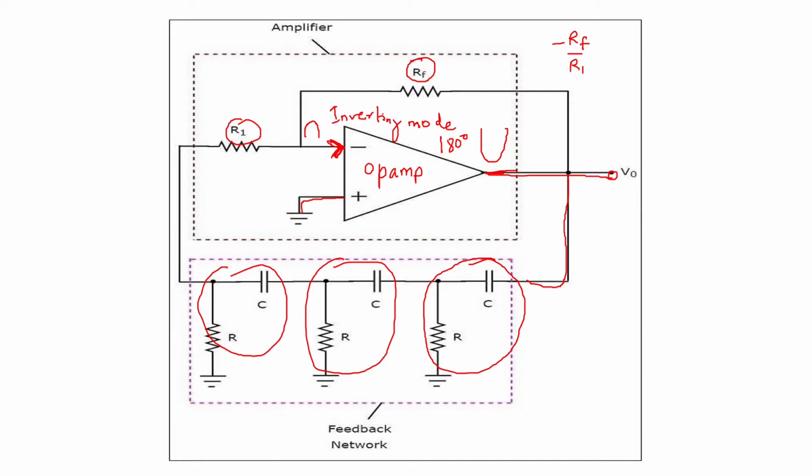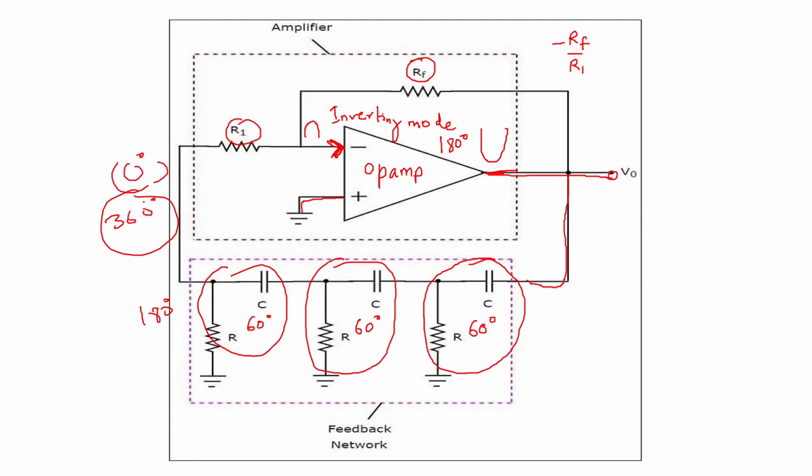So in the feedback network here where we are using R and C, we have to produce another 180 degrees so that the complete closed loop of feedback and the op-amp phase shift will be 360 degree. So here we are having 3 RC networks, and each of these RC networks will produce a 60-degree phase shift. So this 60 plus 60 plus 60 will be 180 degree, and that 180 degree with the op-amp's 180 degree will make it 360 degree total phase shift of the loop. That is nothing but 0 degree.